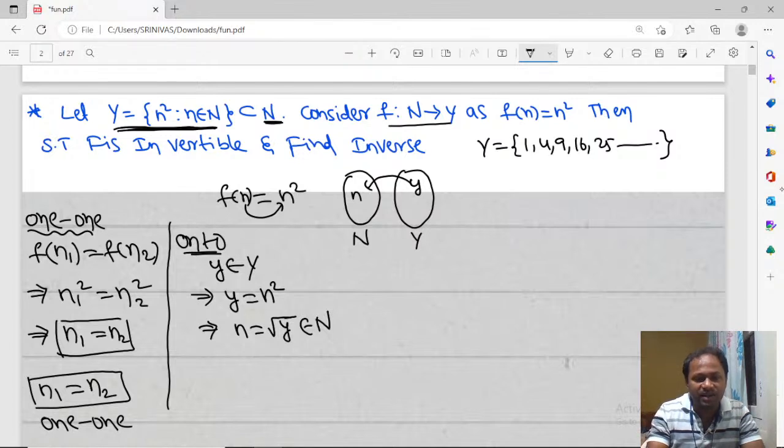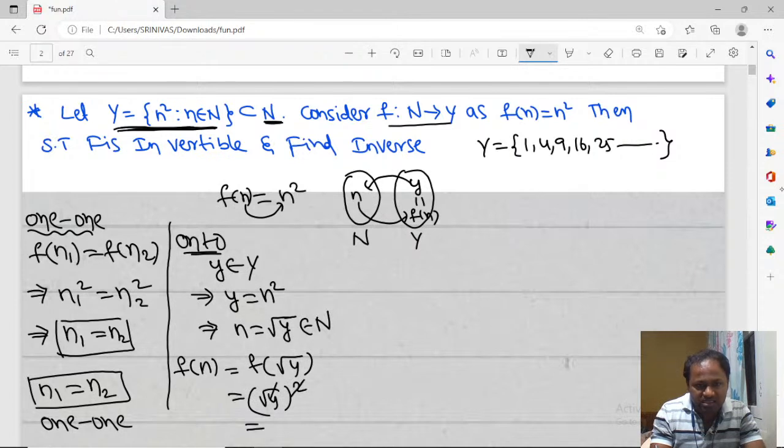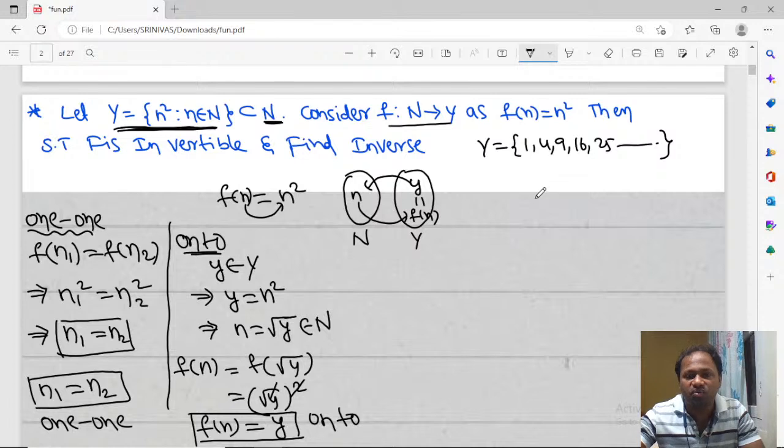That's why it belongs to N. Okay, now I got n. How to get f of n equal to y? f of n means f of root y is equal to n square, root y whole square, square and root cancel, we will get y. So f of n is equal to y.